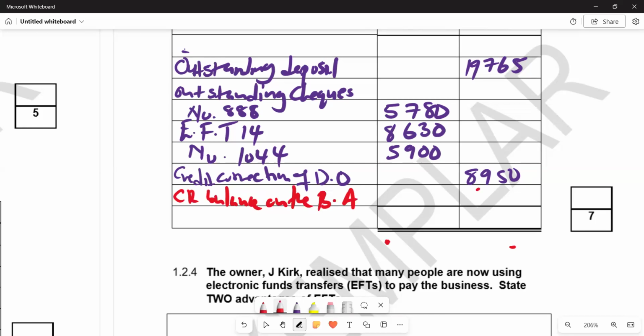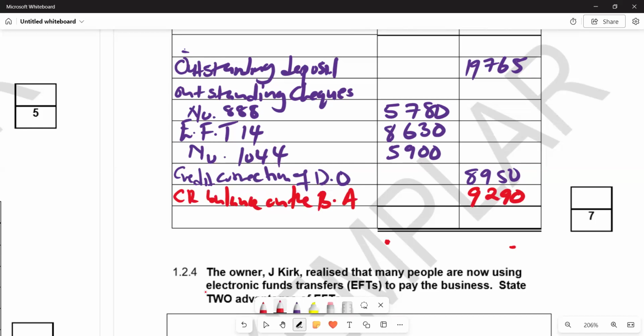So we are saying here 9,290. When it's unfavorable on the bank statement, it will have a BD on the debit side, but the CD obviously will be on the credit side. So this is the CD form that we are putting here.